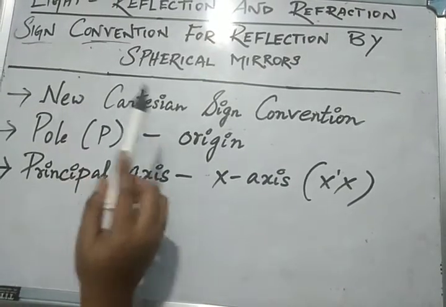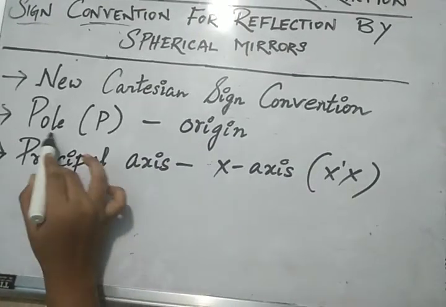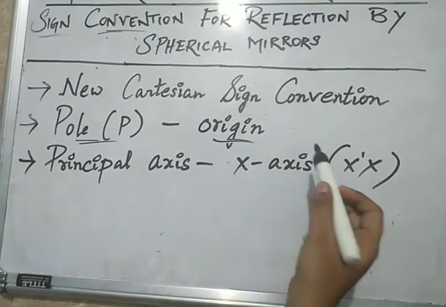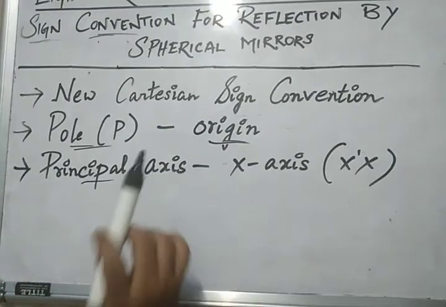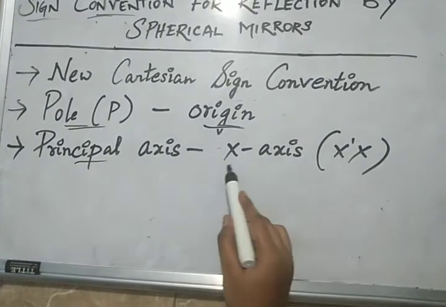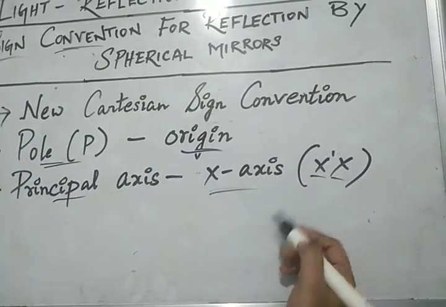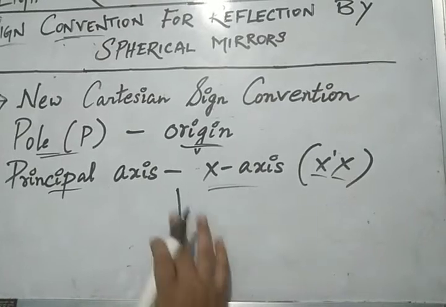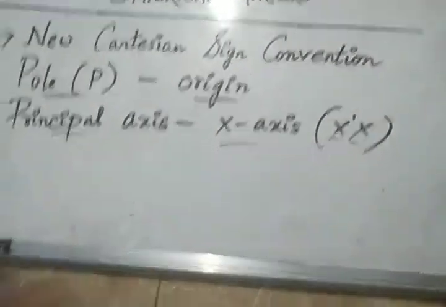In this new Cartesian sign convention, the pole of the mirror is taken as the origin. Alright, and the principal axis of the mirror is taken as the x-axis, that is the x-x' of the coordinate system. See, you have a graph, right? Even there you follow a sign convention.